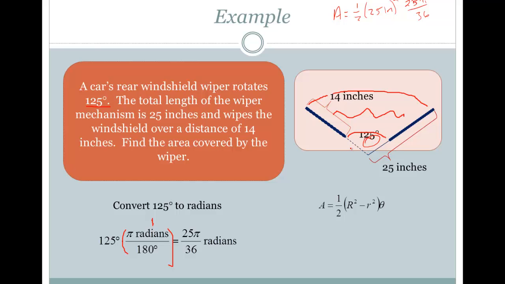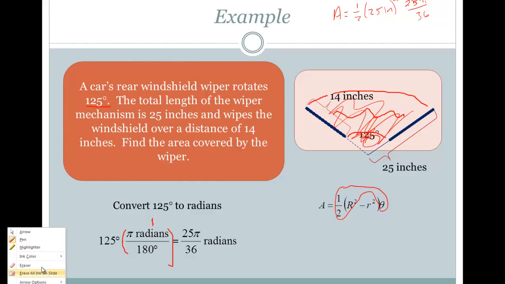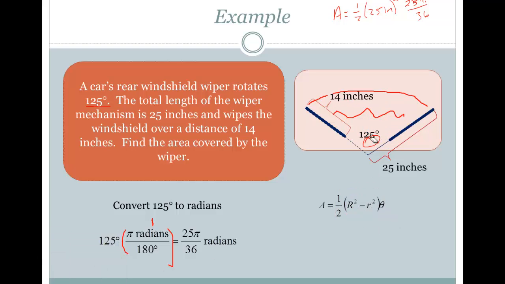But I don't want that part. I only want this upper part. So I'm going to calculate that total area, everything here. And then I'm going to take that total area and subtract from it the part that's in here.